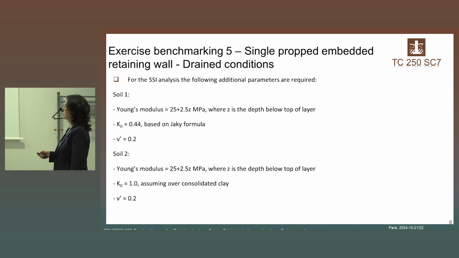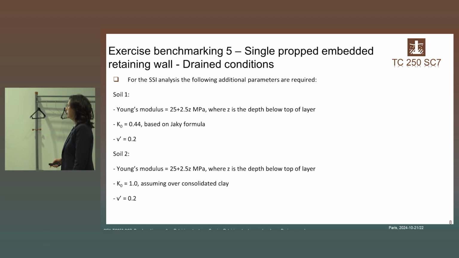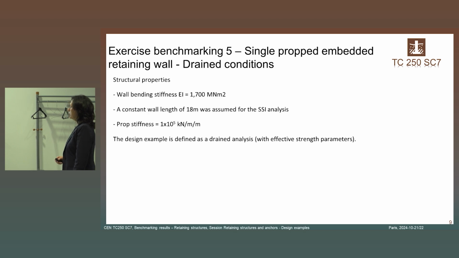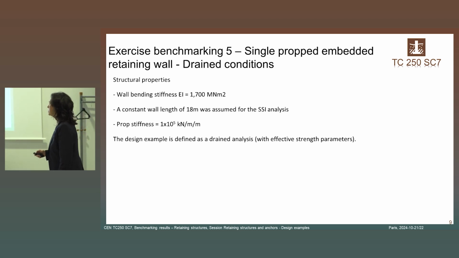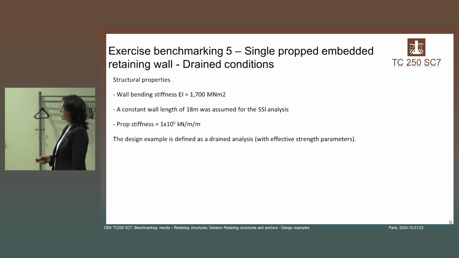Regarding the Young's modulus, linear variation with depth, values for K0 and Poisson coefficient for each of those two layers. And for the structural properties, we gave the wall bending stiffness, a wall length of 18 meters for the soil structure interaction analysis and the prop stiffness. And only the drained analysis was required.